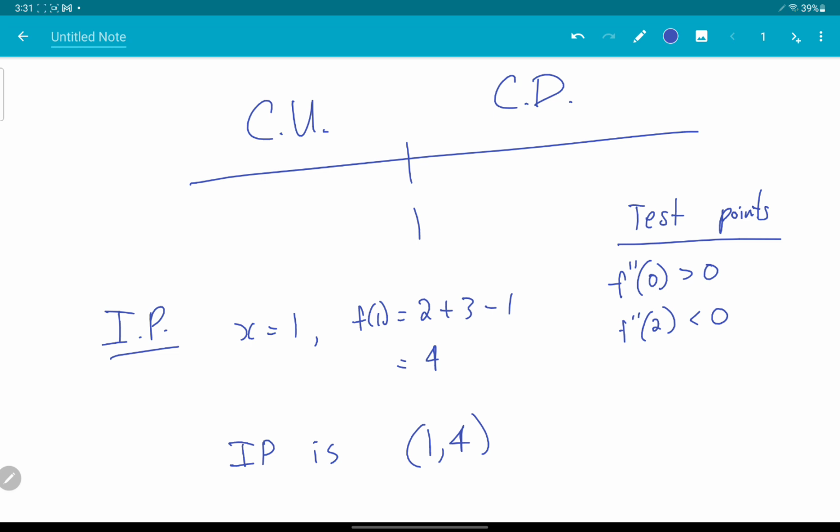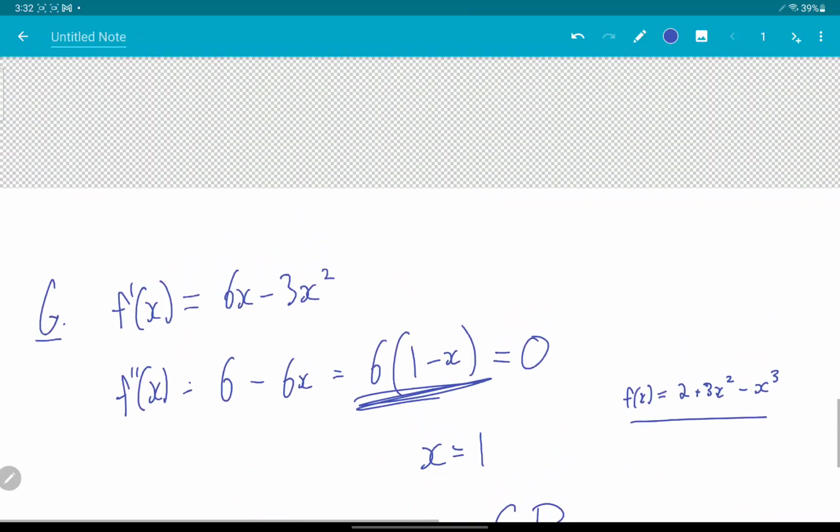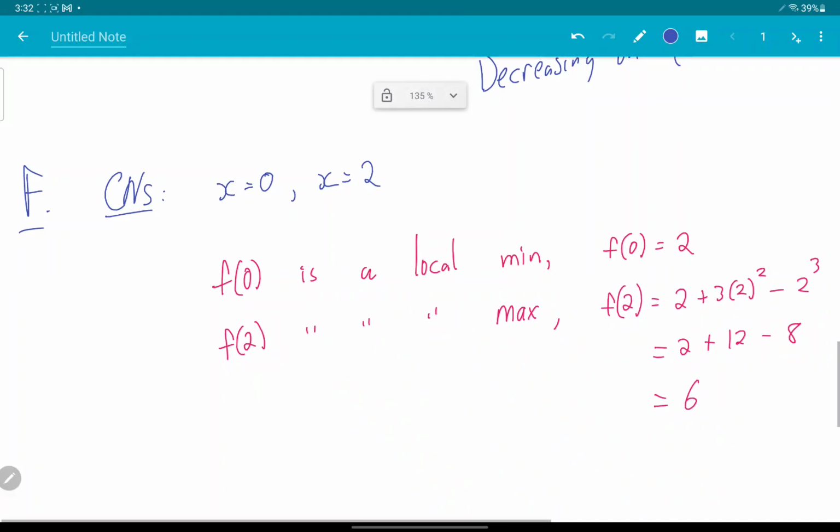Okay, we're going to put all this together now and try to get a picture of this function. So what I'm going to do is do the easy stuff first. I'm going to plot the inflection point, and the max and min values that I found.